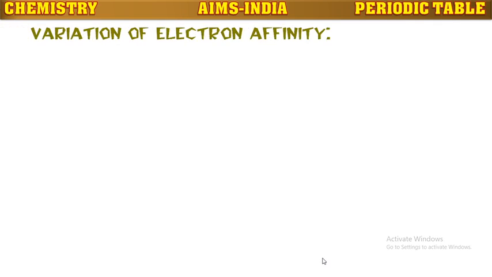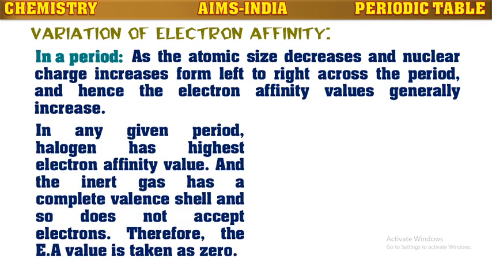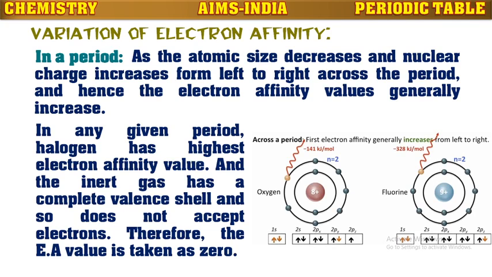Now let us see the trend of this electron affinity. If we consider a period, as atomic size decreases and nuclear charge increases from left to right in a period, the electron affinity values gradually increase. In any given period, halogen has the highest electron affinity value, and the inert gas has a complete valence shell and so does not accept electrons.